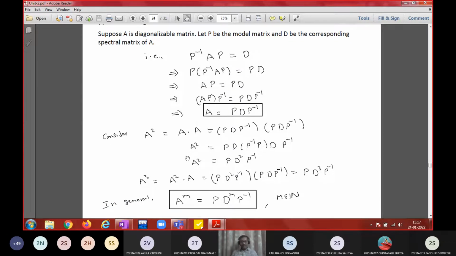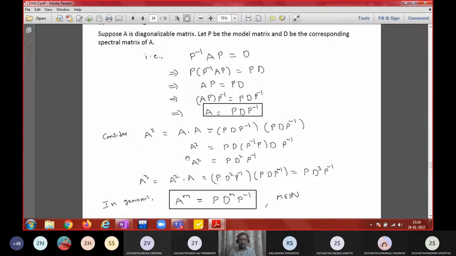Do you remember another decomposition that you have already learnt? LU decomposition, A equals L into U. Decomposition is also a very important problem in linear algebra. How can we decompose a matrix into a product of matrices? Each decomposition has a special application.